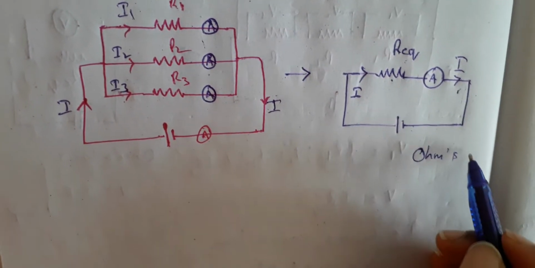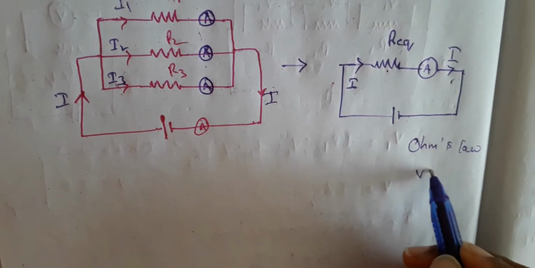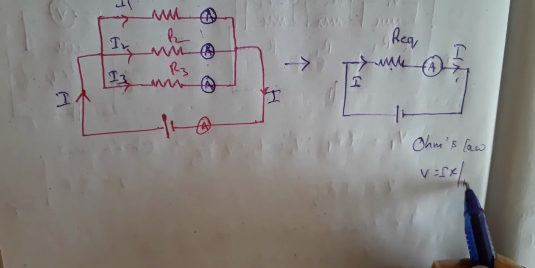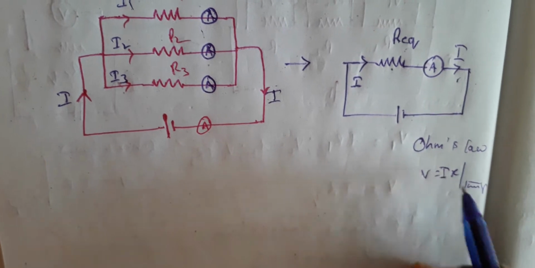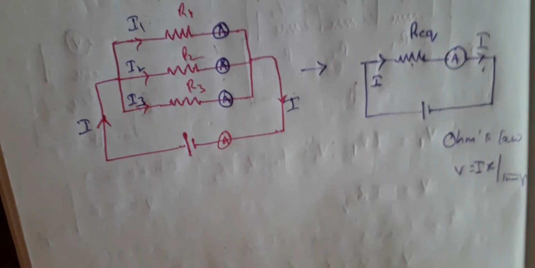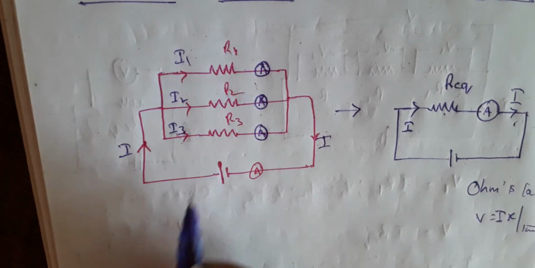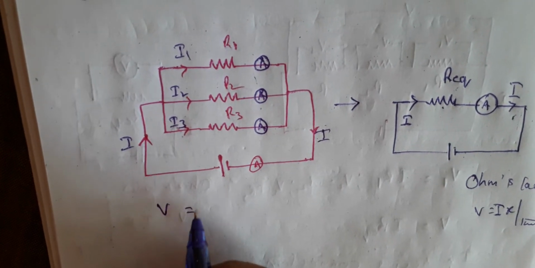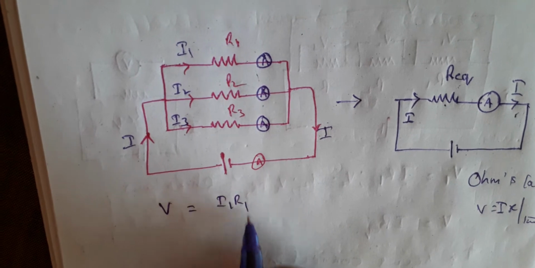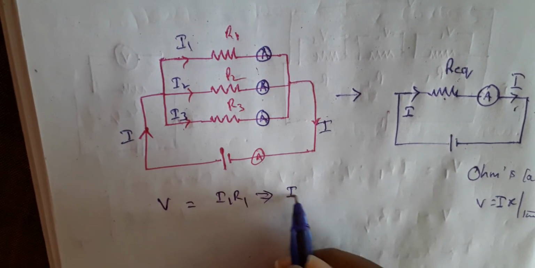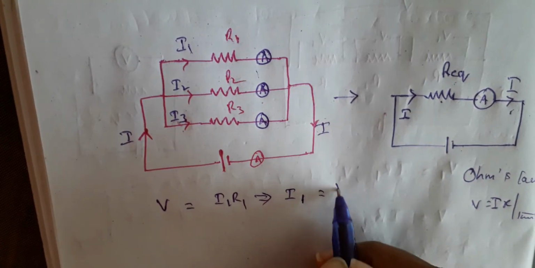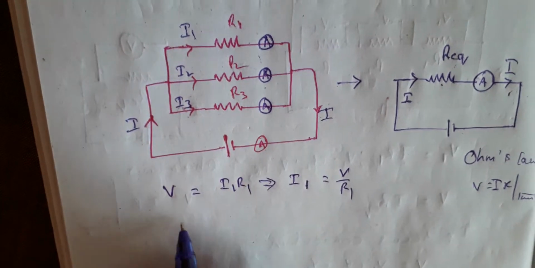So from Ohm's law, what do we have? V is equal to IR at constant temperature. These are the applications of Ohm's law. Now let us find out. V is common in everything. So V is equal to I1 R1, which implies I1 is equal to V by R1.